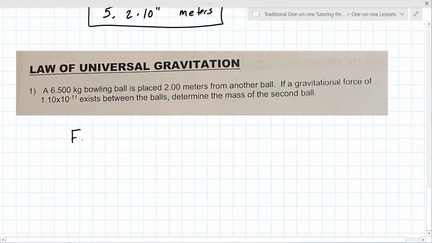The gravitational force between two objects is G M1 M2 over R squared. Do you recall that from last time?